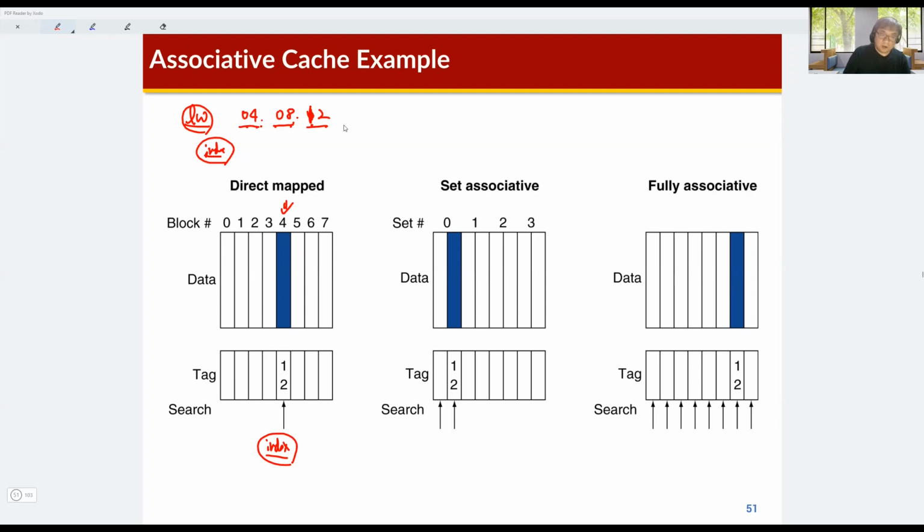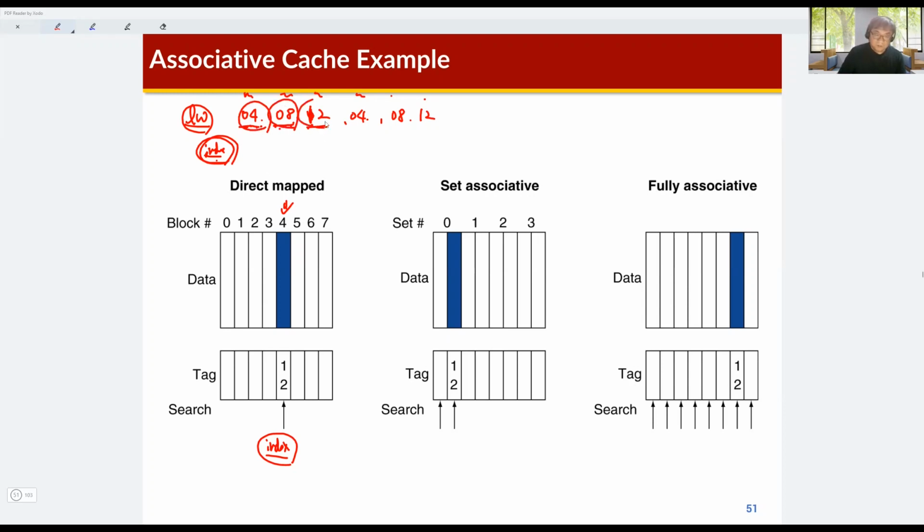What's the problem? It's the sequence of requests with the same index. These addresses have the same index numbers, so it's a miss. The problem is that the cache has enough space, enough number of cache blocks, but these access sequences have the same index numbers.